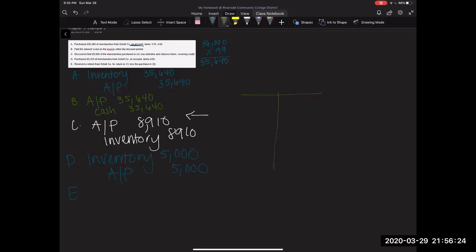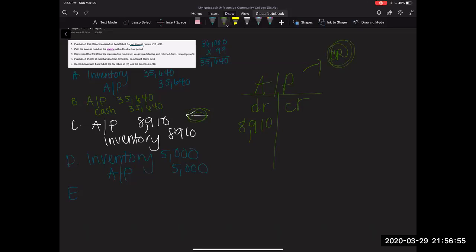So what I'm going to put in here is accounts payable, so debit and credit. In C, we have a debit to accounts payable of $8,910. This should spark all kinds of things in your mind, because usually accounts payable is a liability account and it normally has a credit balance, right? But we have a debit in there, meaning they owe us money, because we returned something.